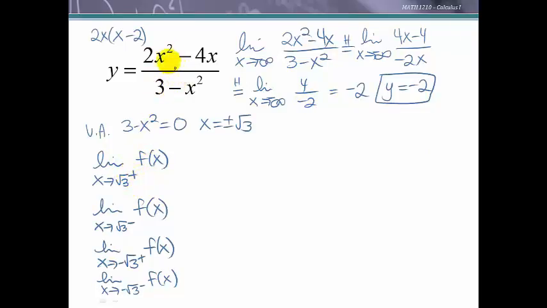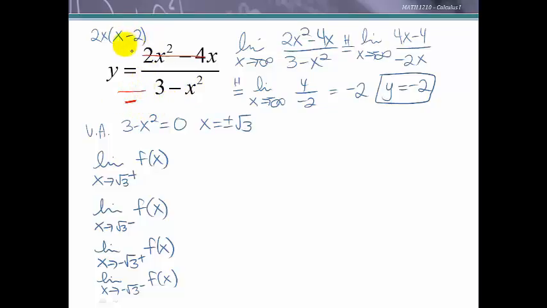So let's go back and look at our function here, and we'll look at the factored version of the numerator because that will make it a little easier to see. We're going to approach the square root of 3 from the right hand side, so I'm going to have a number slightly larger than the square root of 3. If I square something a little larger than the square root of 3, I'm going to end up with a value a little larger than 3. So 3 minus something a little larger than 3, this denominator is going to be negative.